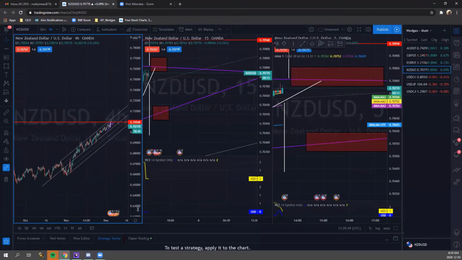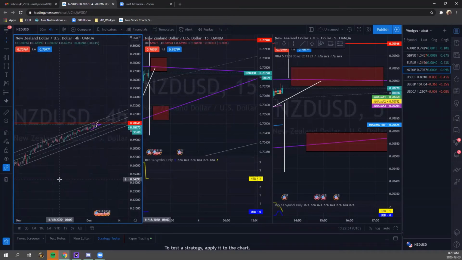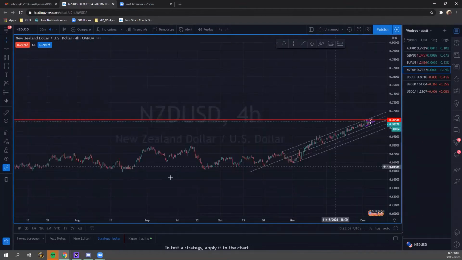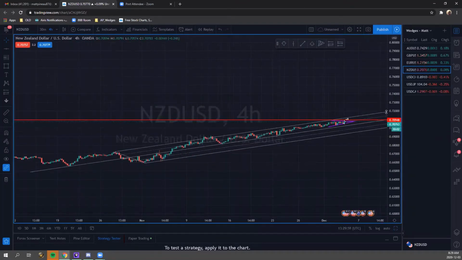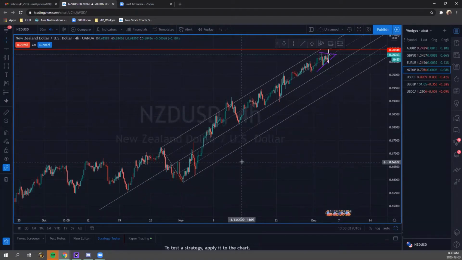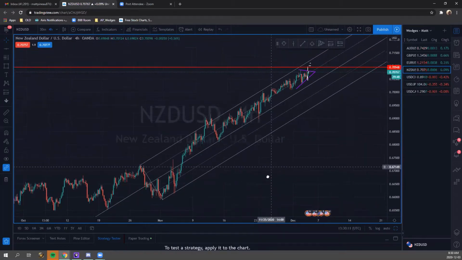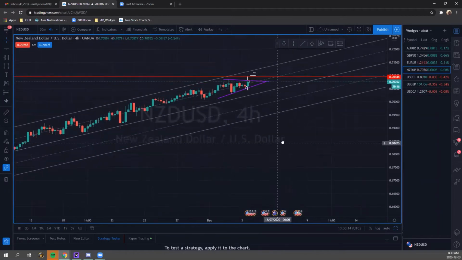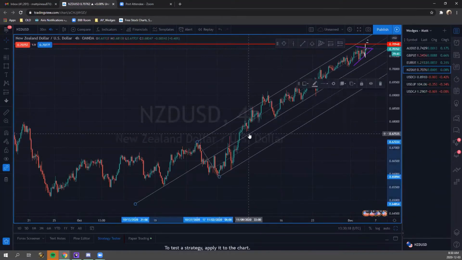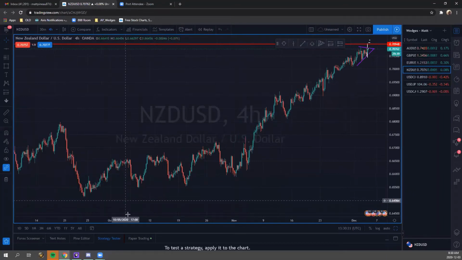Here is the 4-hour chart, and it's a solid uptrend. This is where we're currently sitting, and I don't trust the top of this. This is not going to work. That would be for a lower time frame.